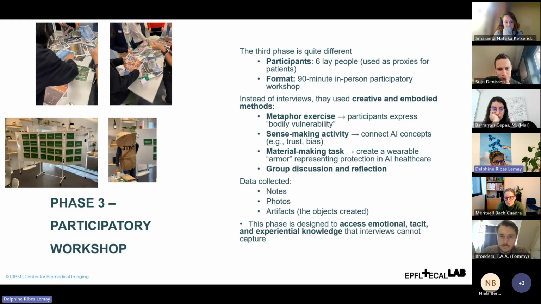They also did an exercise where they had to build something, because this way they show exactly what they feel in a different way about AI. And we collected different data, notes, photos, artifacts. So this phase is really important to access emotional, tacit and experiential knowledge.